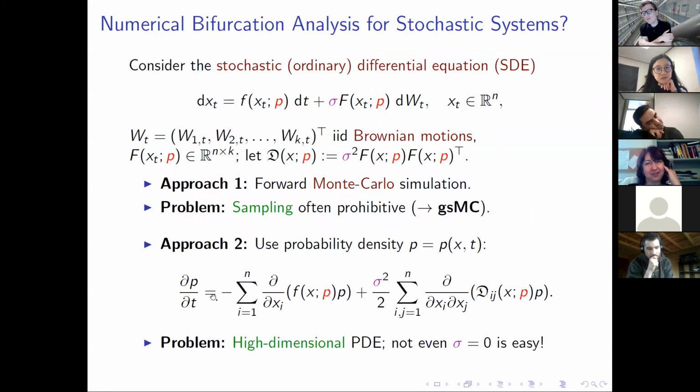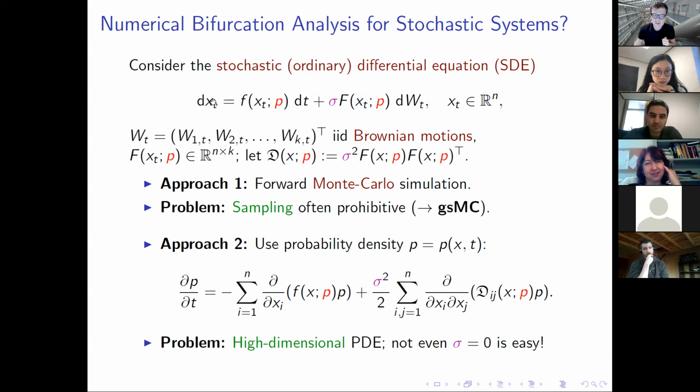So then you could think, maybe I can use a probability density. From a basic course on stochastics, instead of tracking every path, you could try to get a probability density function for the stochastic process and solve a Fokker-Planck equation. But that Fokker-Planck equation is a PDE with the same spatial dimension as the original equation.